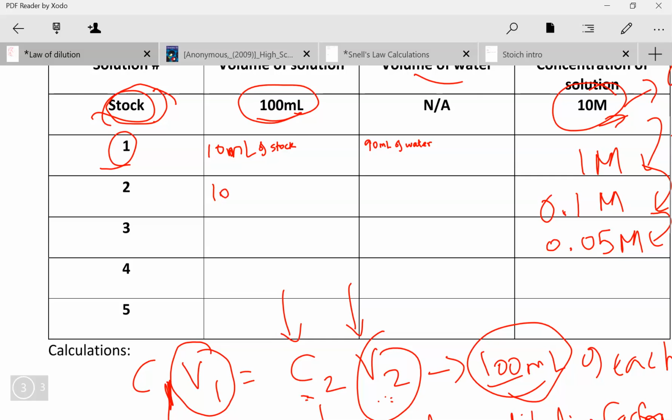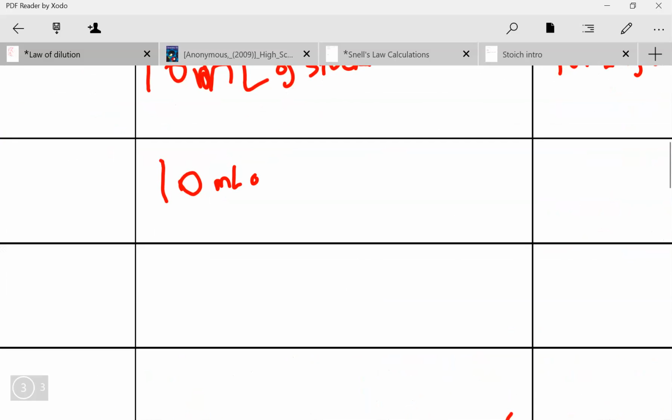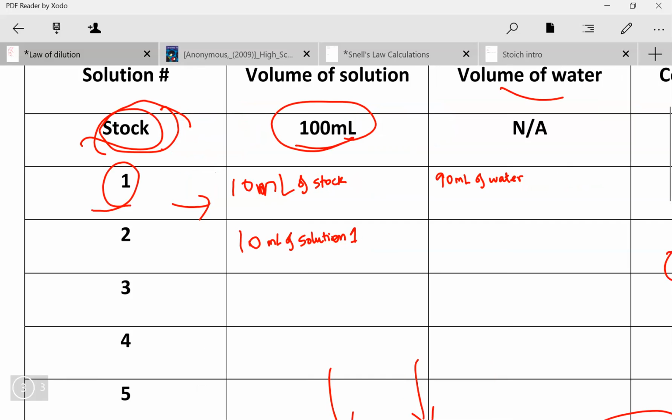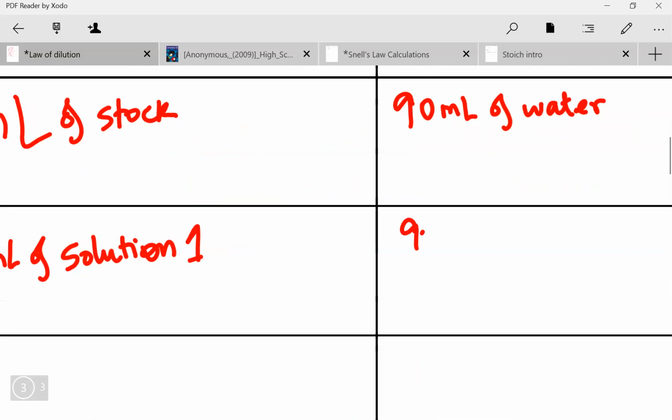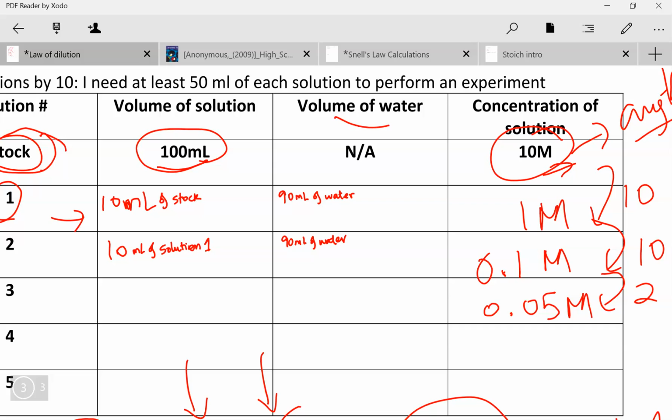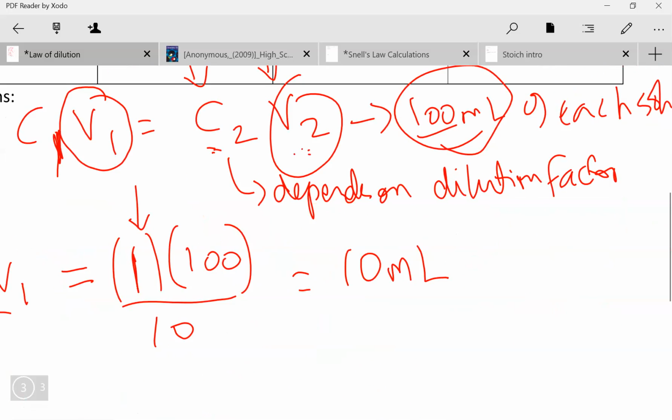I'll take 10 milliliters of my previous solution, solution number 1, which was the one that I made here, and to it I'm going to add 90 milliliters of water, and I will get a dilution factor of 10 again, because I'm doing 10 milliliters of this solution and 100 milliliters of total solution after I've diluted it with water. So the water is basically what is doing our dilution here, and that's important to note, right?